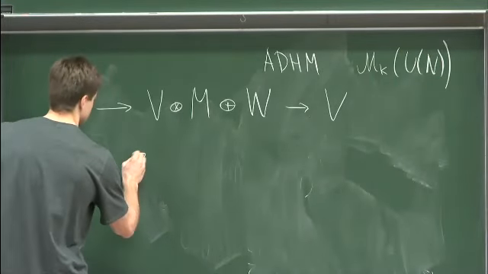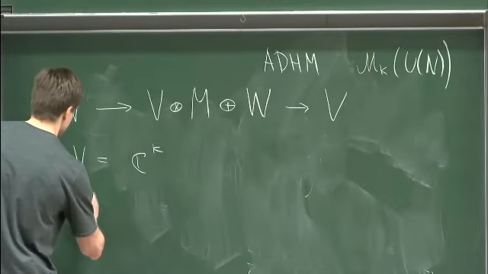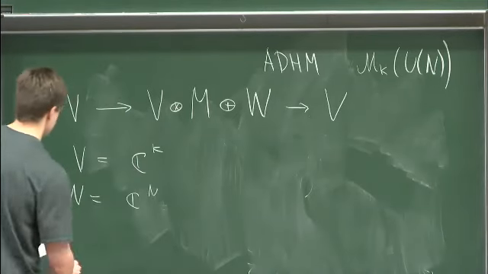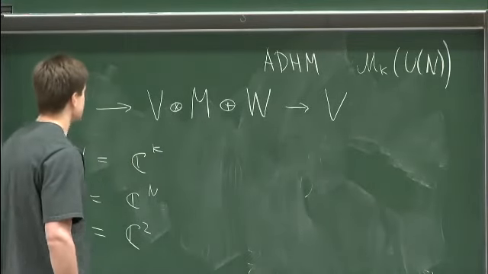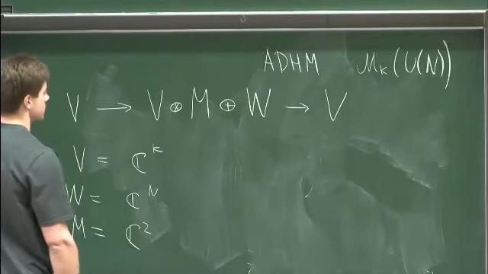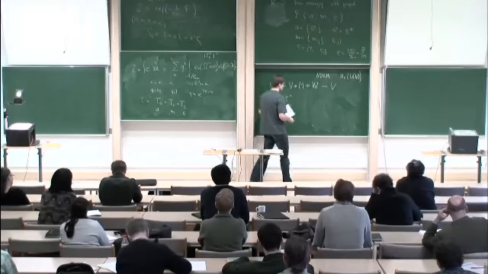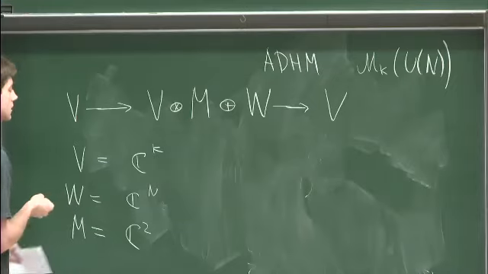Now V is just a complex vector space of dimension k, and W is a complex vector space of dimension n, and M here is the space-time, which for us is C^2 or R^4. So this is an ADHM triple, the complex from V to V tensor M plus W to V, and those maps are encoded by what are called ADHM matrices.